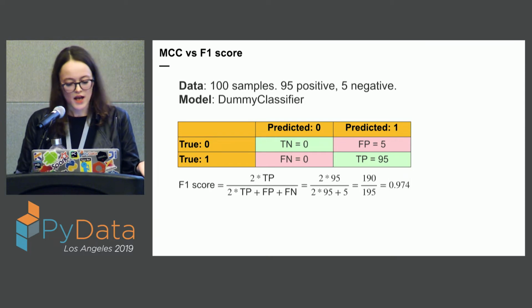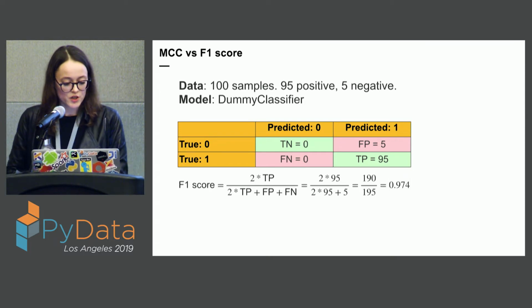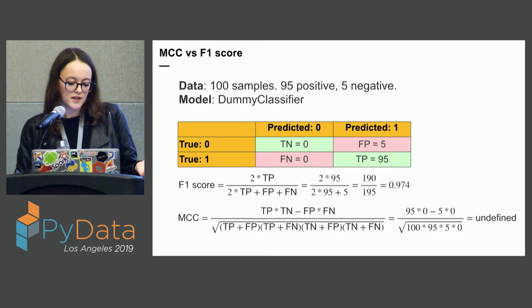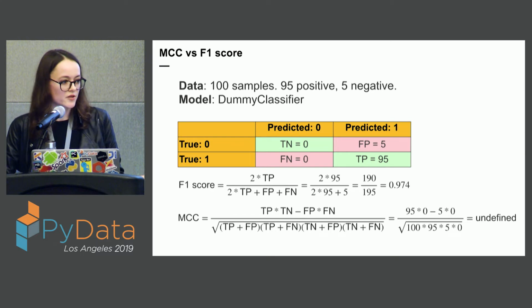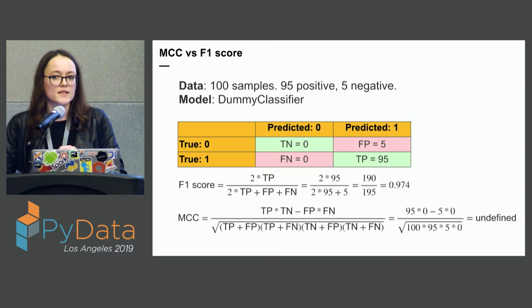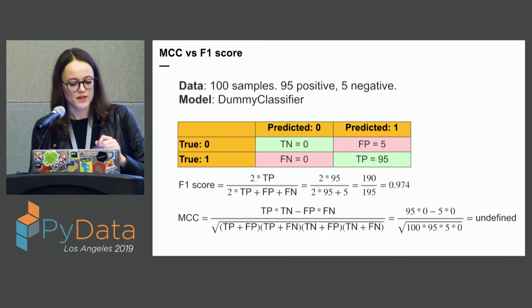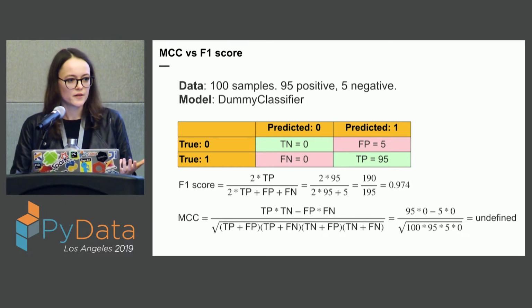And it's actually even a little bit better. But if I try to calculate MCC, scikit-learn is going to give me a 0 and a big red warning because I'm dividing by 0 and it's undefined. And it's so far the only metric that is giving me any indication that something's going wrong here.